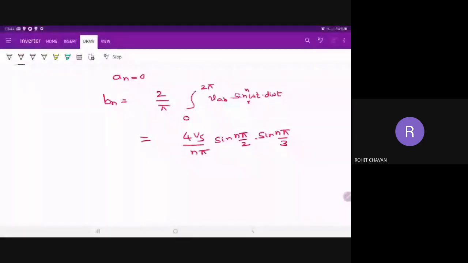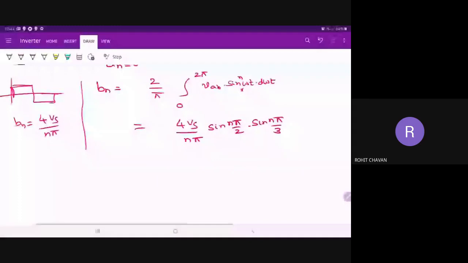If you compare this with the earlier one, with a complete square waveform, the bn you got is 4Vs by n pi. Now with that notch, this changed to 4Vs by n pi into sine n pi by 2 into sine n pi by 3.